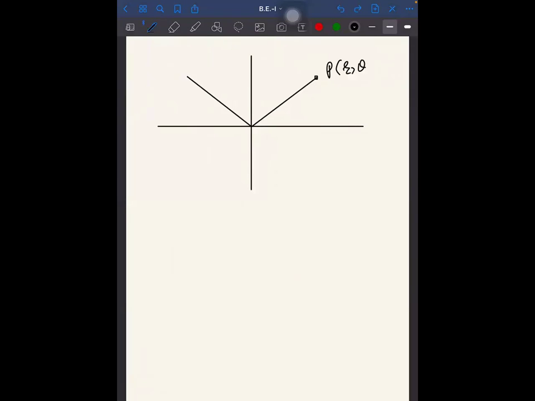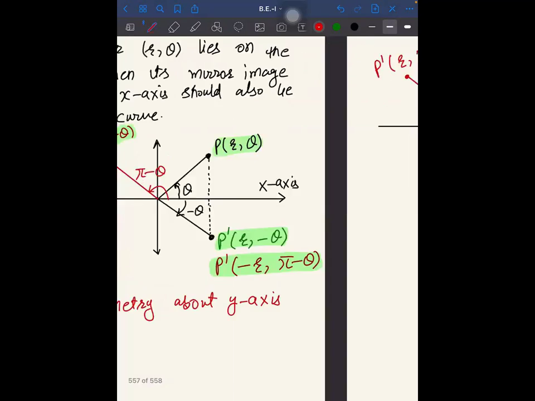Let me make things clear, and let's change the color a bit. So this point is your P dash, which you have already calculated, that is r, pi minus theta. But again, let's take the similar scenario.